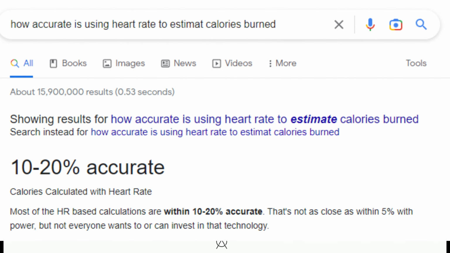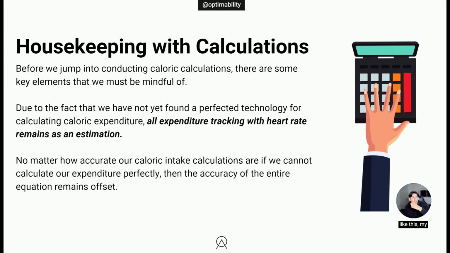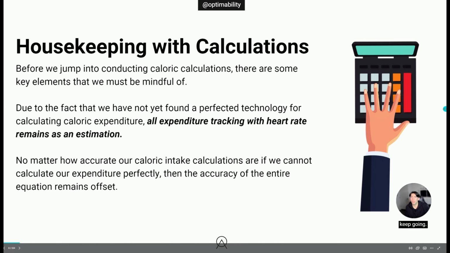This is because if I swing my arm like this, my heart rate isn't necessarily a perfect representation of how many calories I just burned by doing that, if that kind of makes sense. So every calculation that you're going to see when we teach you how to calculate your own requirements, or if you go online and type in activity calculator, TDEE calculator, whatever, those measurements should be taken with a grain of salt because they are not that accurate. Super important before we keep going.